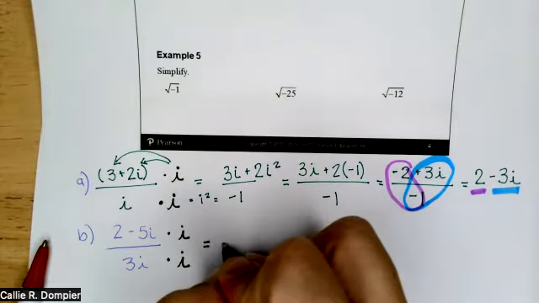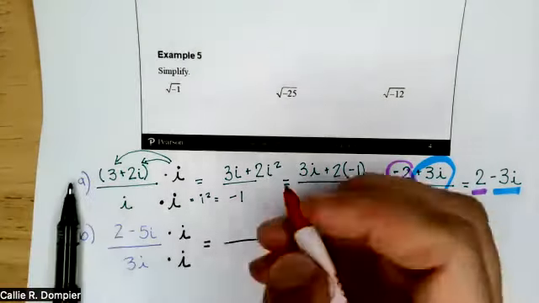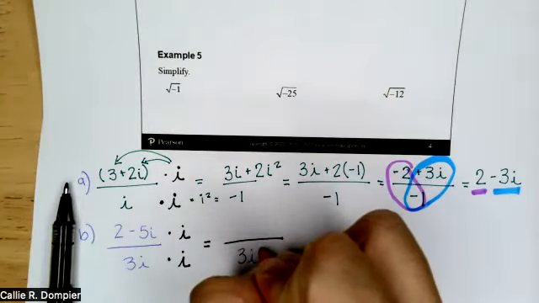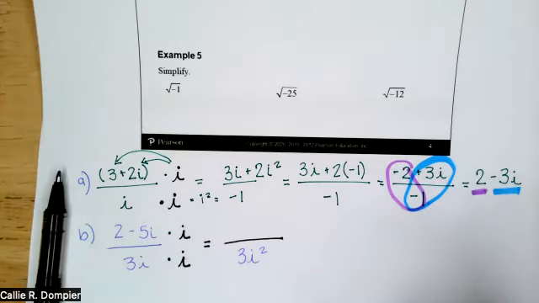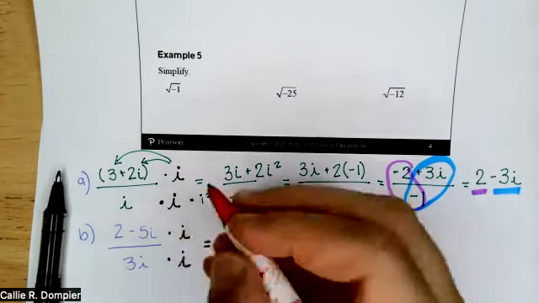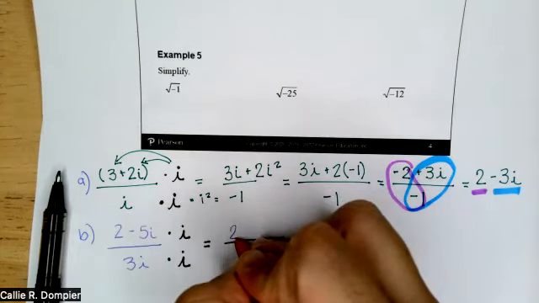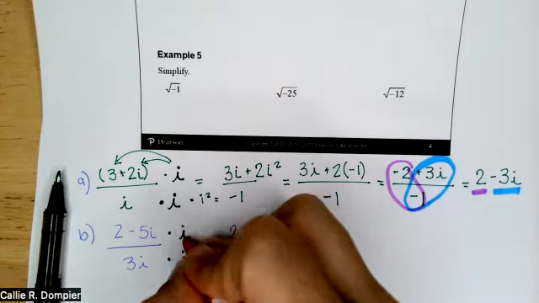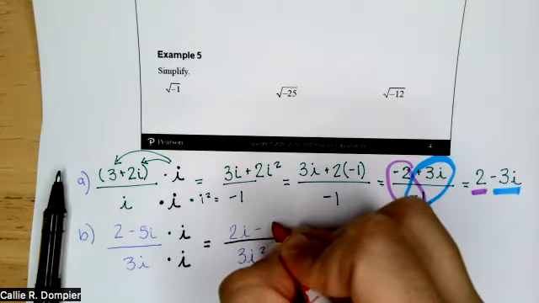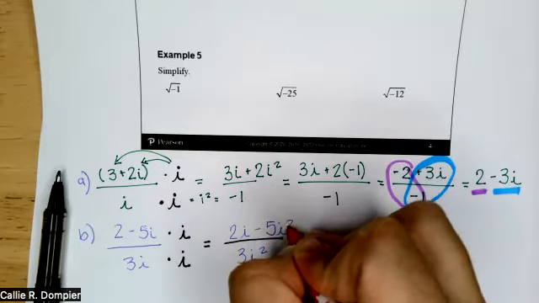So this becomes 3i squared, because 3i times i is 3i squared. I'm going to distribute this one. i times 2 is 2i. i times a -5i is a -5i squared.